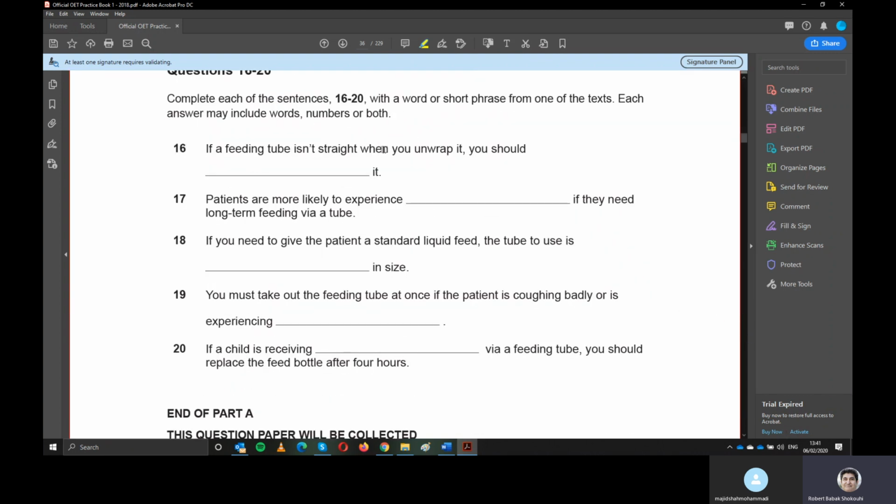If the feeding tube isn't straight when you unwrap it, you should do what? When it's not straight, where do you think it is? It's probably in the procedure in part B. Patients are more likely to experience what if they need long-term feeding via a tube?